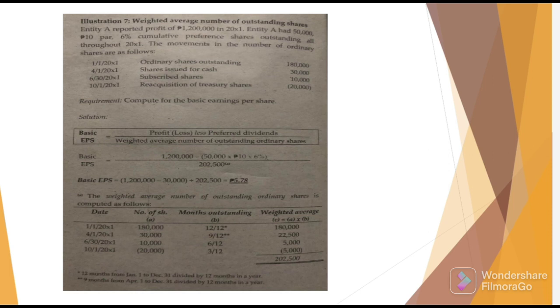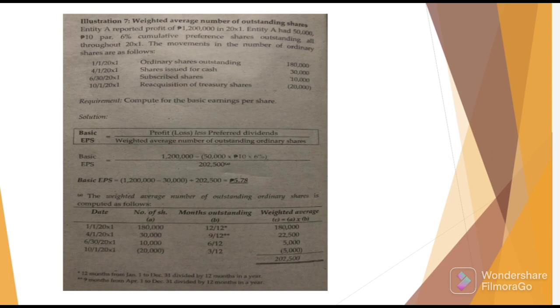Gamitin ulit natin yung basic earnings per share formula. Profit or loss less or minus preferred dividends over weighted average number of outstanding ordinary shares. For the profit, we have 1.2 million na naka-indicate doon sa problem or given.